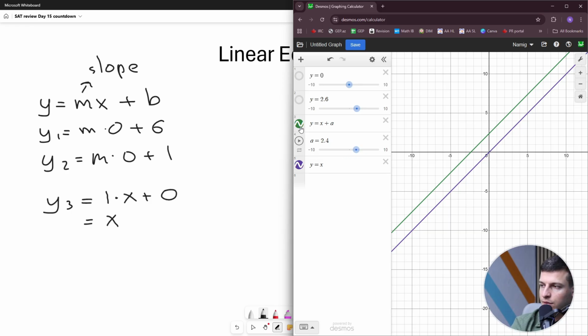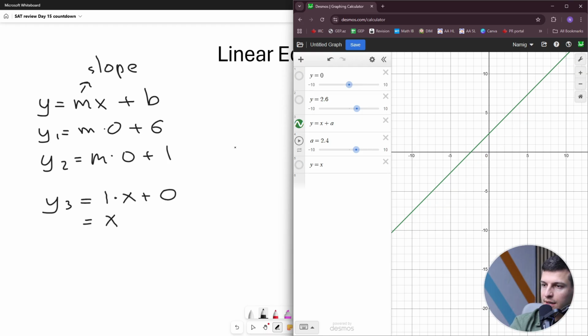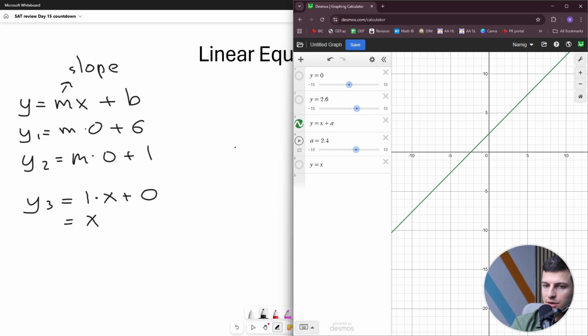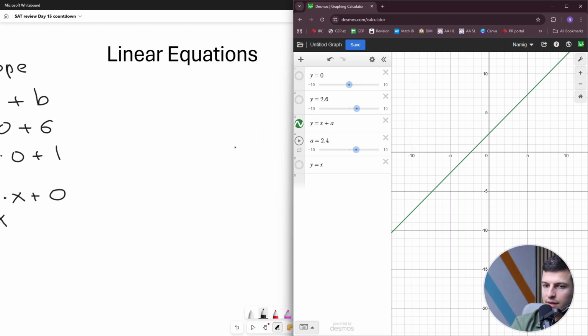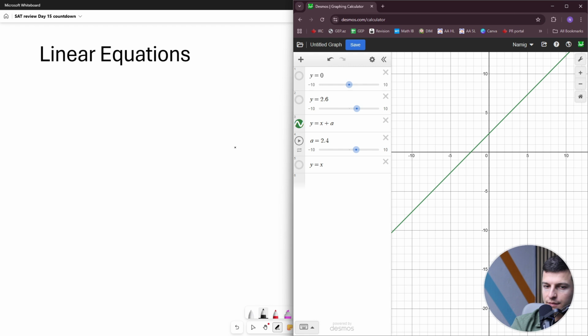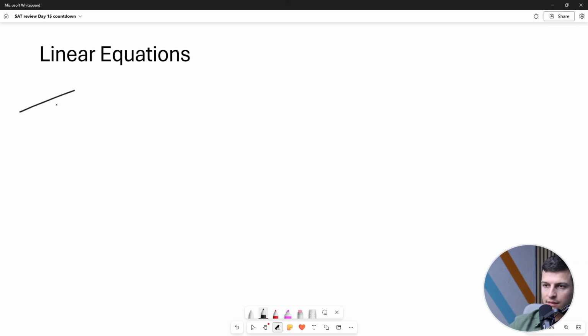I'm going to turn this one off. Actually, I'll keep that one. So remember at the beginning I mentioned that the linear equations can have their straight line, but they can be upwards, downwards, or horizontal.